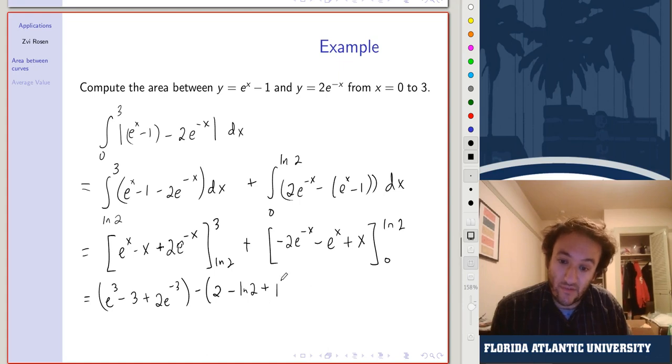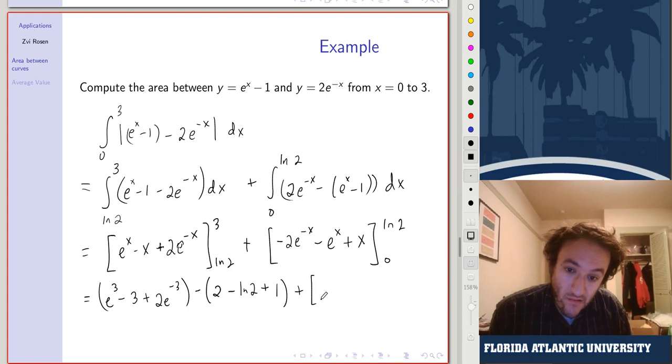So that's plus 1, plus, and now we get negative 2 times a half, so that's negative 1, minus e to the ln 2 is 2, plus x gives us plus ln 2.